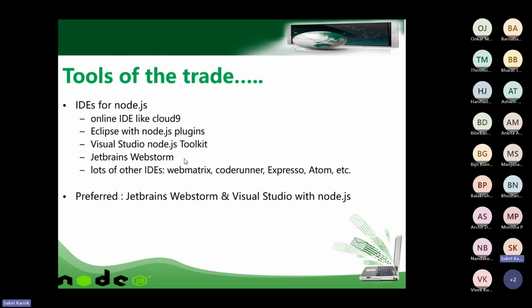JetBrains WebStorm is another IDE which can be used. And then there are others also like WebMatrix, CodeRunner, Expresso, Atom, which have been used in the past a lot. And now we have better options available, so there is less focus on these older options. People use mostly Visual Studio Code, Visual Studio, Eclipse. These are the highly used ones, right?